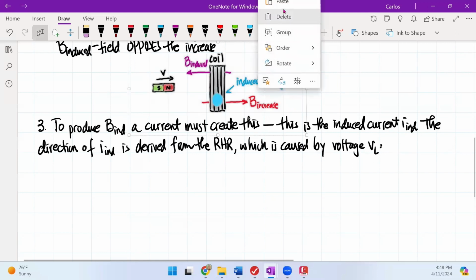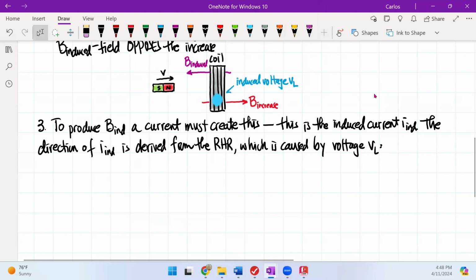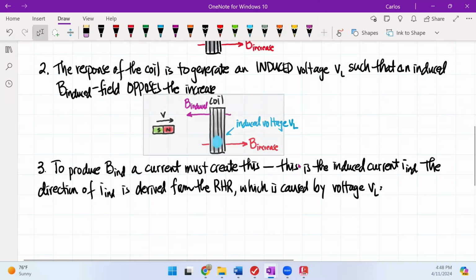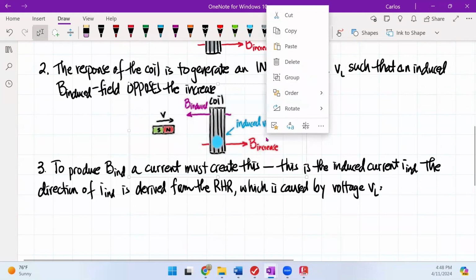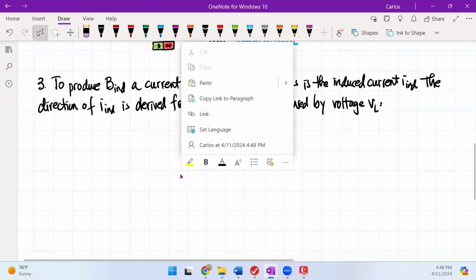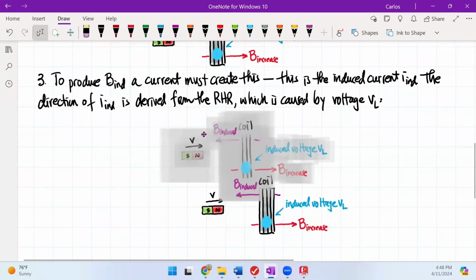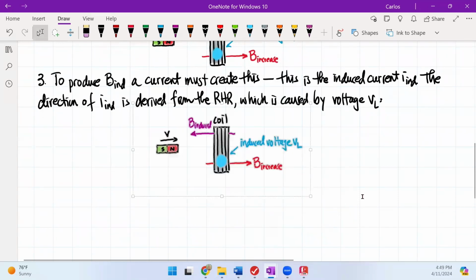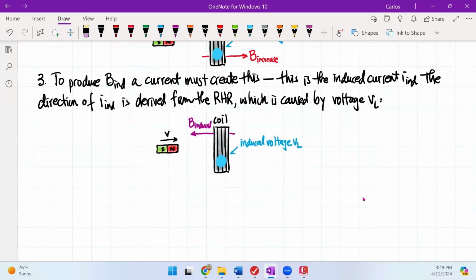The only thing we care about is the induced stuff. We don't care about the increase. All we care about is what's happening.